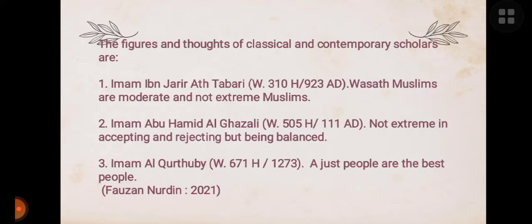The companions did not accept or reject the world as a whole or absolutely, so that they were not extreme in refusing and accepting, but behaved between the two in a balanced way, with justice and the middle between the two sides.